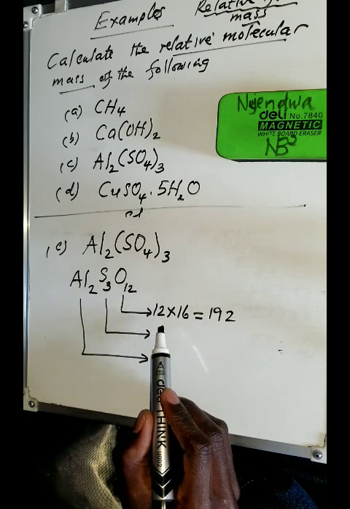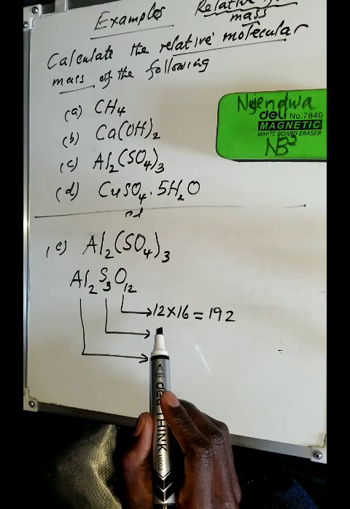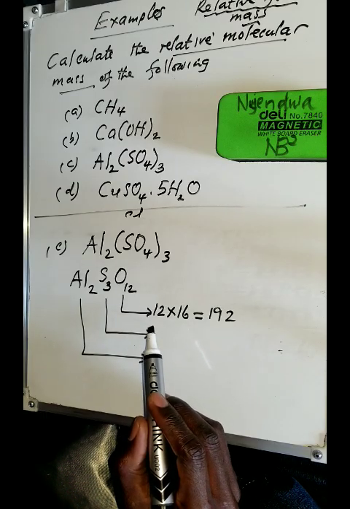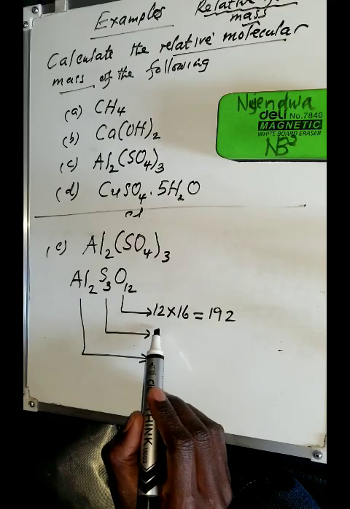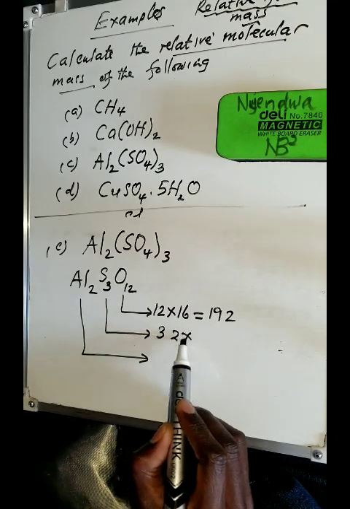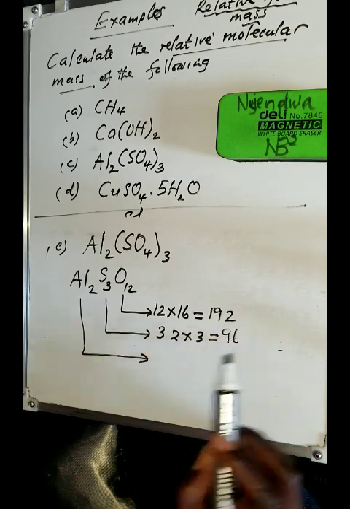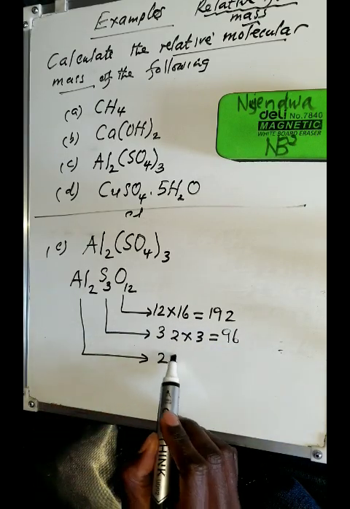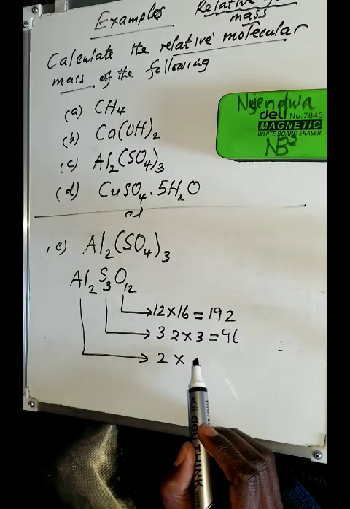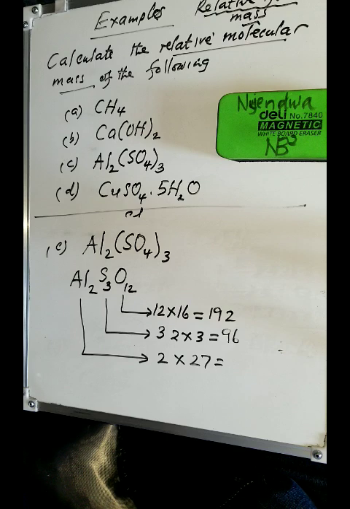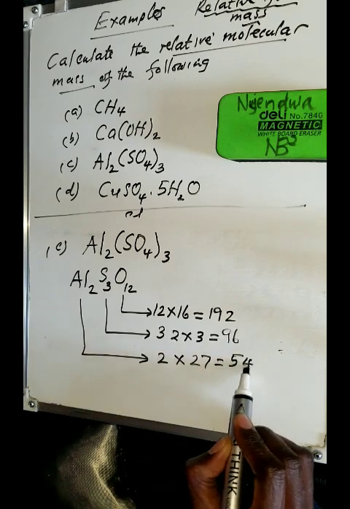If you look on the periodic table, sulfur is 32. So that is going to give us 32 multiplied by 3, which will give you 96. Then aluminium, there are only 2 atoms of aluminium multiplied by the atomic mass, which is 27. So 2 multiplied by 27 will give us 54.